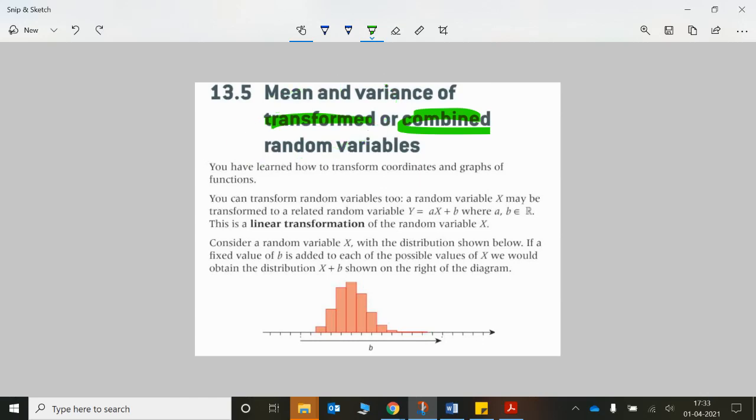So if we add the same score on to every single value for x, let's add on b, let's add on 5 marks, then what's going to happen to the mean, or E of x, the expected value of x, is that that's going to likewise increase by 5 marks. The whole distribution is going to be 5 further ahead. So the mean is going to be 5 further ahead.